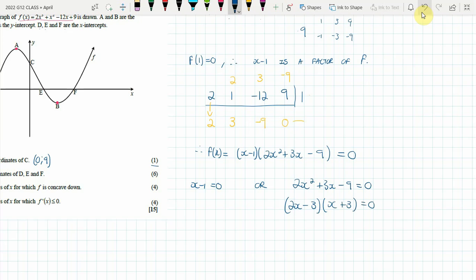Very good. This means x equals what or what? 3 over 2 or minus 3.